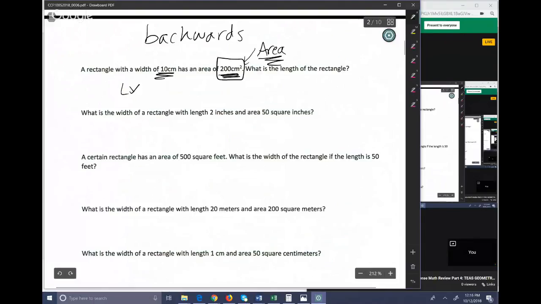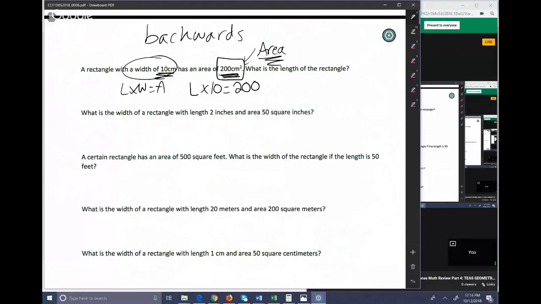If length times width equals area, and if we know that our width is 10, and we know that our area is 200, we can fill in that statement and say the length, whatever that is, times 10 will equal 200. Then we can solve for L. So saying L times 10 is like saying 10L.